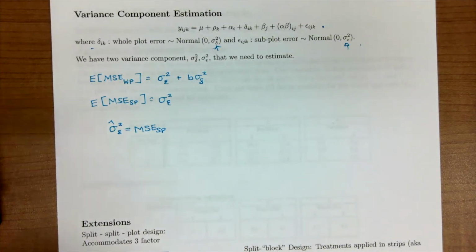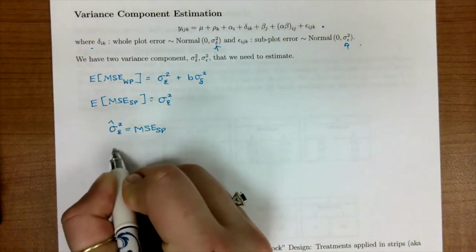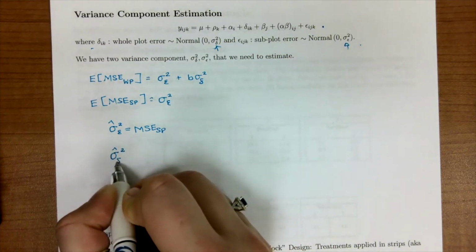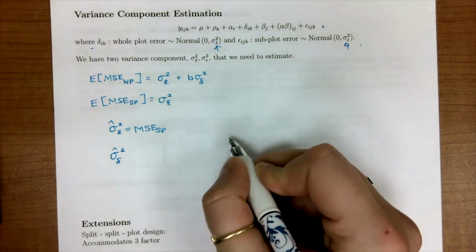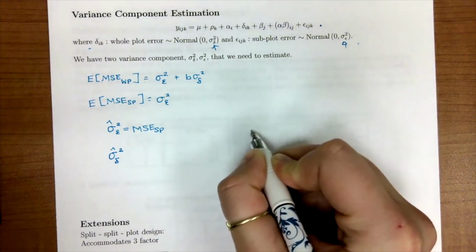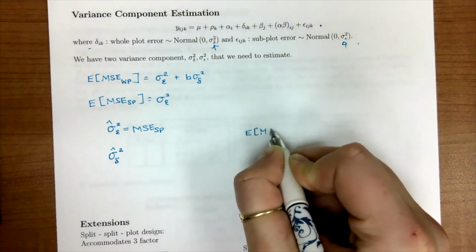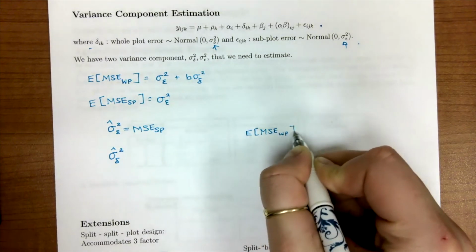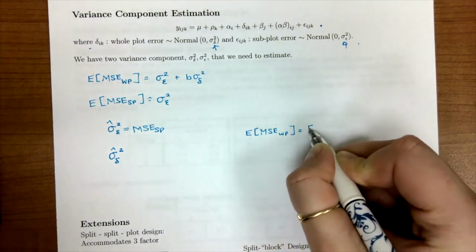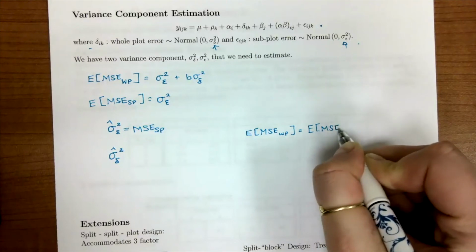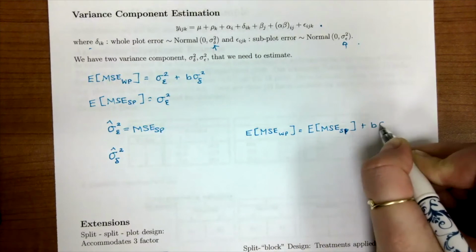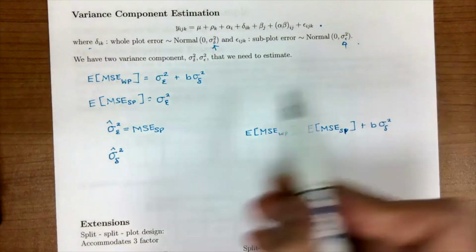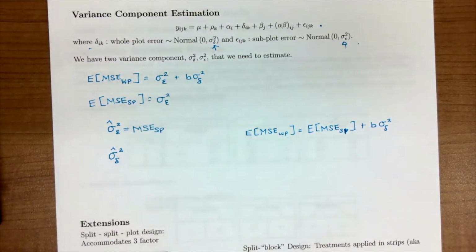Now if we're interested in our estimate of sigma squared delta, we're going to look at it this way. Our expected MSE of the whole plot is equal to the expected MSE of our subplot plus b sigma squared delta. All I did was take this value and plug it into here.